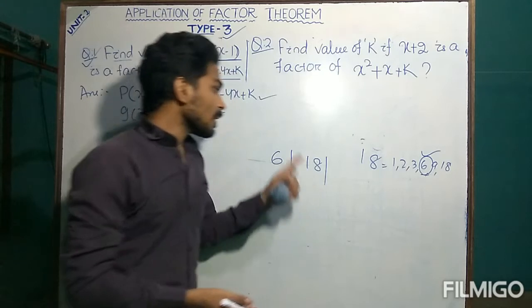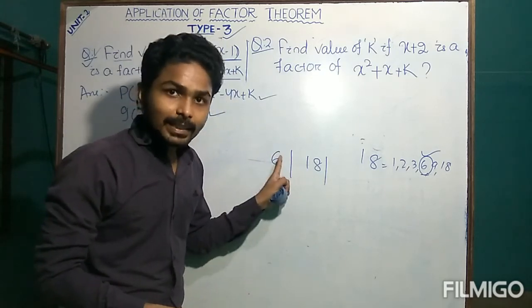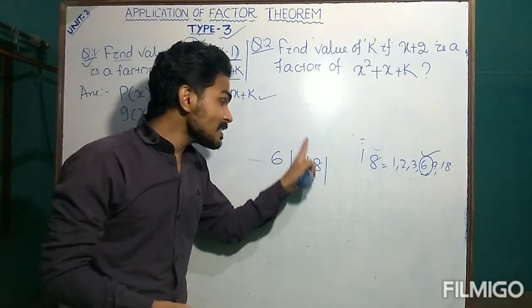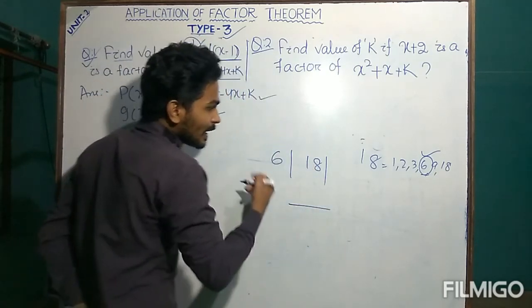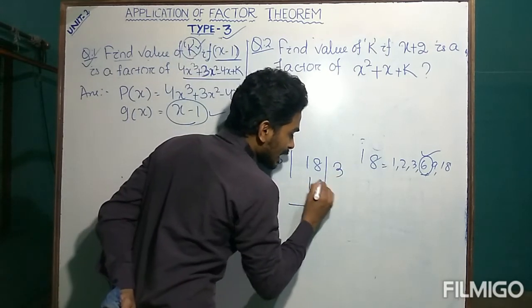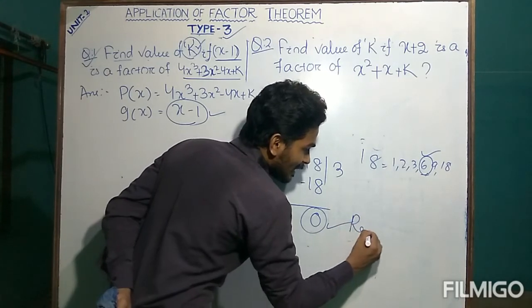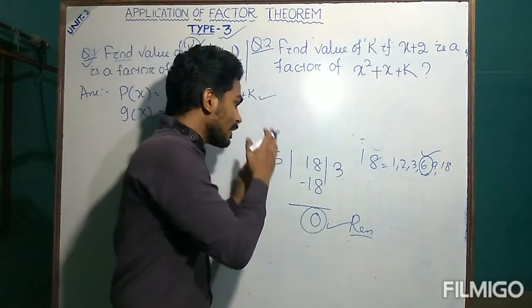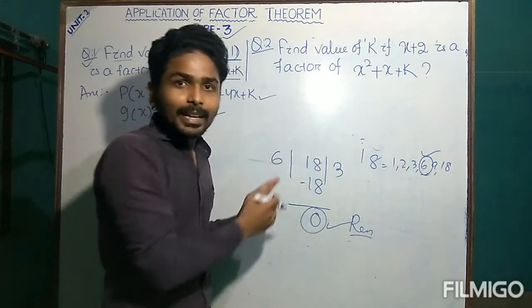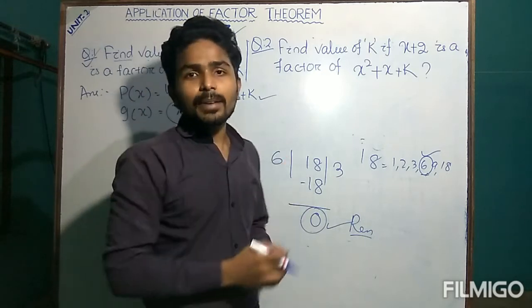That means when 6 is a factor of 18 and 18 is divided by 6, then what is the value of the remainder? Let us find out. 6 3s are 18. And we see the remainder is equal to 0. Then we can say if 6 is a factor of 18, then 6 completely divides 18.